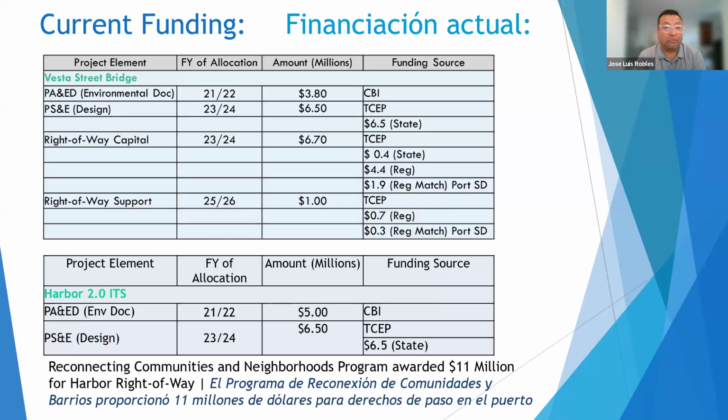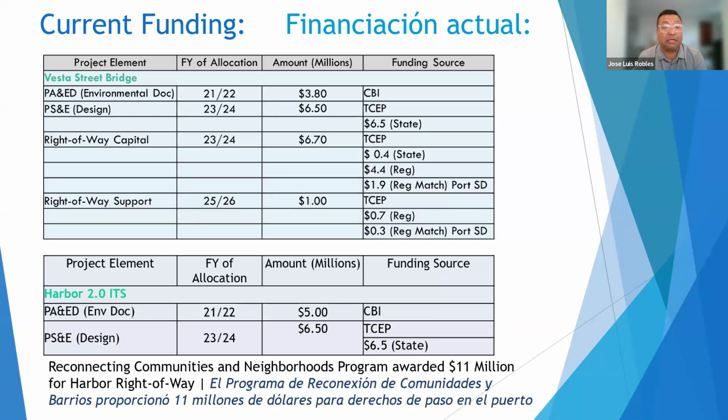For the Harbor 2.0 side of things, the Port of San Diego, we received 6.5 million for design, and the CTC approved the baseline agreement March 22nd. So we're moving forward to file the mechanism to provide us the funding and make it available for us.